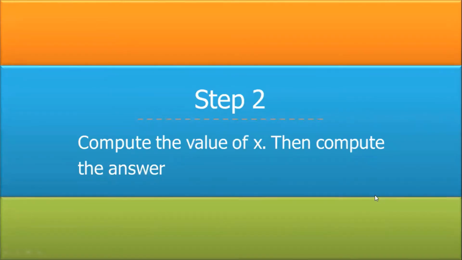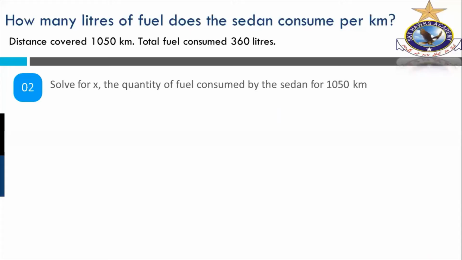So the second step, please read this one. This is the important one: compute the value of x and then compute the answer. The most wanted thing is x, so how do we find it? We will calculate x, then convert it into the real numerical answer. Once again, the question is there, and all the time you have to keep this question in your mind, what you are looking for: how many liters of fuel does this sedan consume per kilometer?